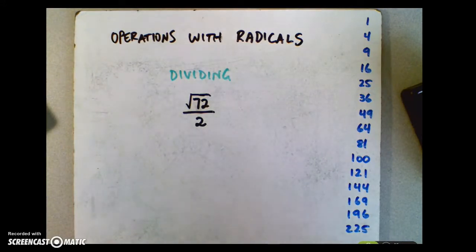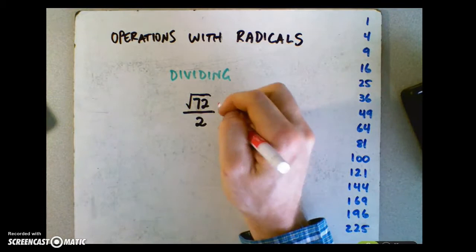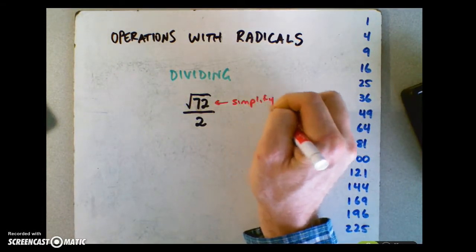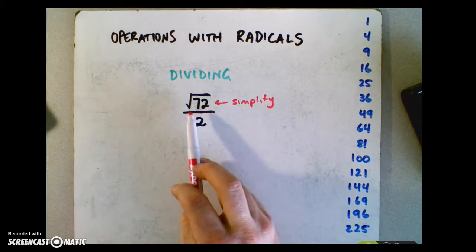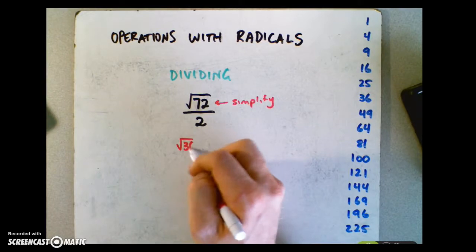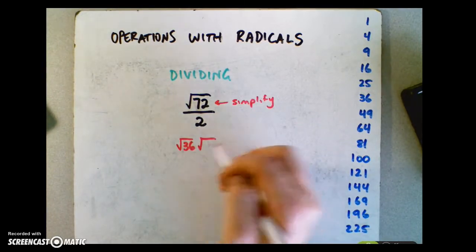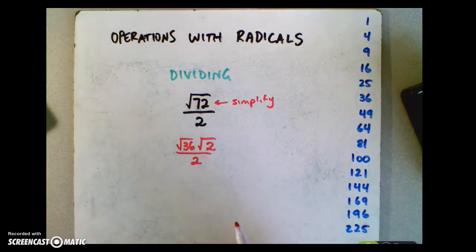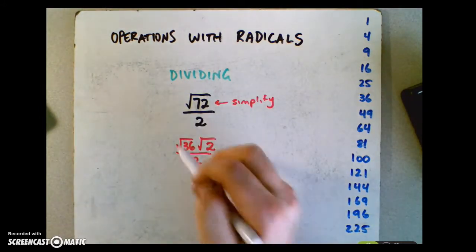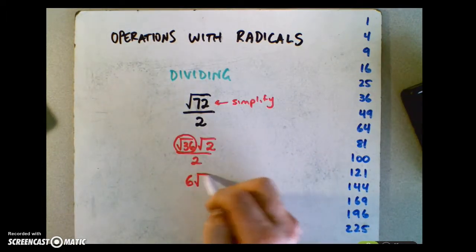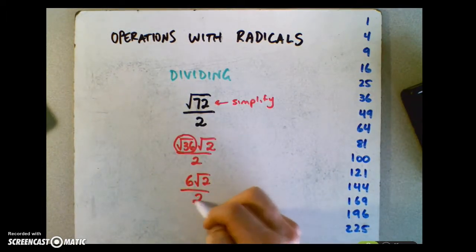Here's what we're going to do instead. We're going to simplify the radical 72 part first. So the biggest perfect square that goes into 72 is 36. So now I've got radical 36, and 36 times 2 gives me 72, over 2. I just brought the over 2 down. Now let me take the square root of radical 36, so now I have 6 radical 2 over 2.